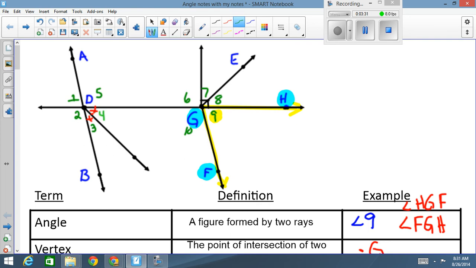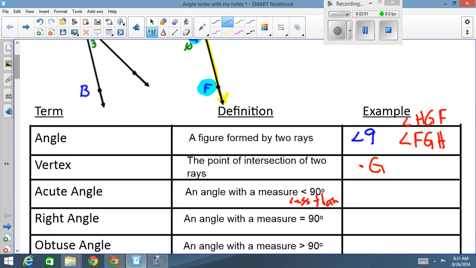One thing that you may or may not know is when you see this little box-shaped thing, that denotes a 90-degree angle. So that entire thing is 90. So we can see here that either angle 7 or angle 8, those both must be less than 90 degrees, because together they make 90 degrees. So in this case, we could call angle 7 an acute angle.